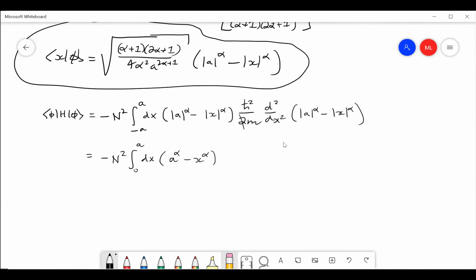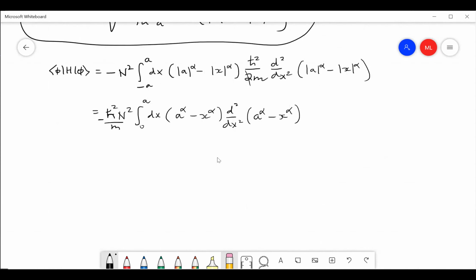And now we can pull the h bar squared over m out. Let me just do that. The minus sign's still there. And you have two derivatives with respect to x acting on a to the alpha minus x to the alpha. So you just start applying the derivatives, and you can multiply through by the minus sign, h bar squared.